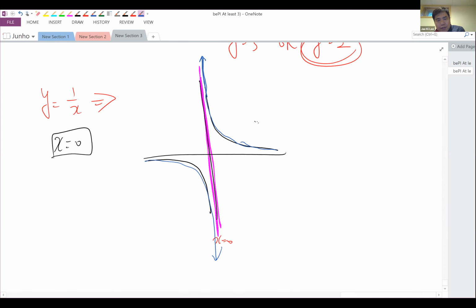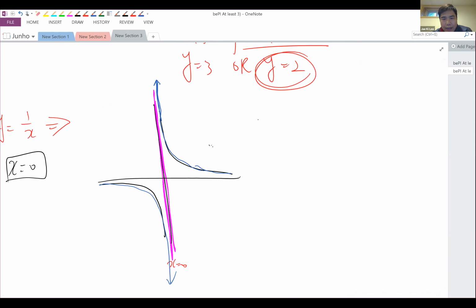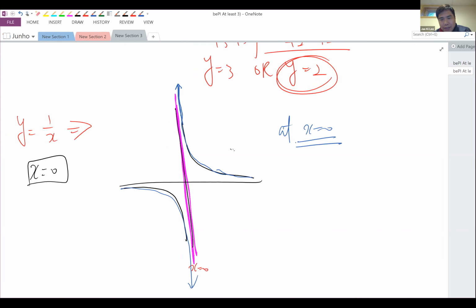So that's the typical y equals 1 over x graph. And now in this case, at the x equals 0 line, it never crosses the x equals 0 line. Instead, it kind of increases or decreases dramatically. So this line we always call a vertical asymptote.